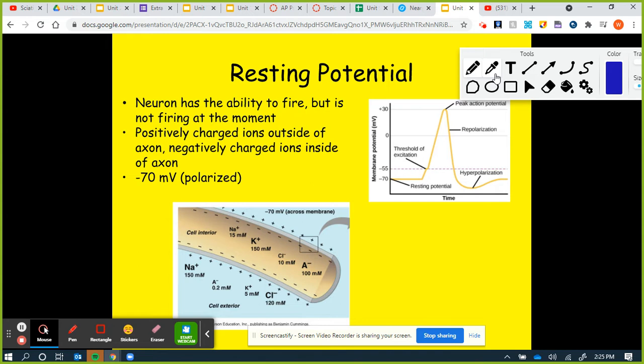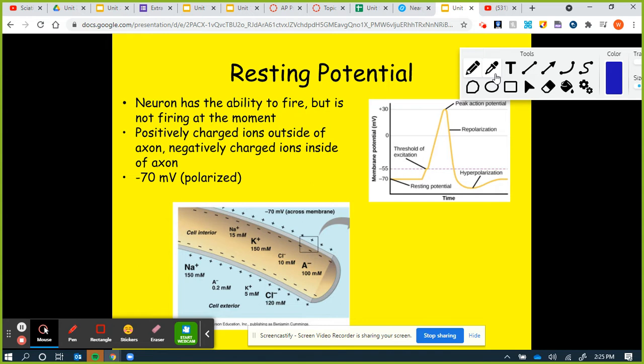When a neuron has resting potential, I doubt you would be asked this specifically, but you could be. When they have resting potential, there are positively charged sodium ions on the outside of the neuron and negatively charged potassium ions on the inside.